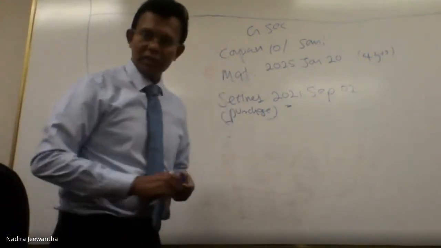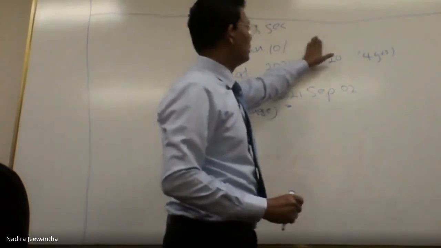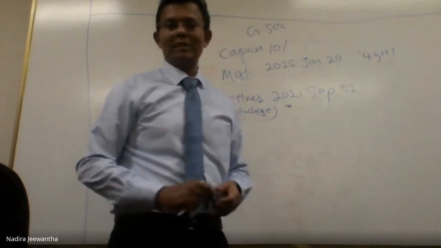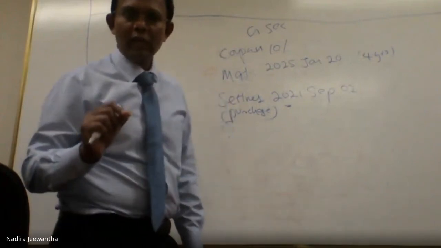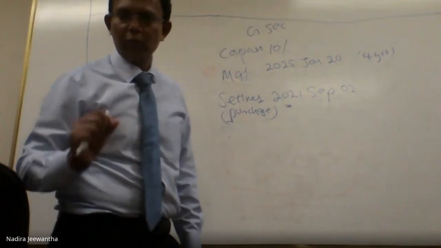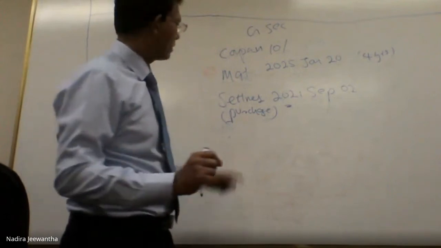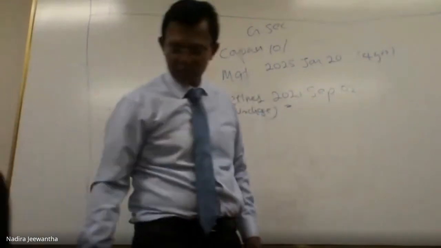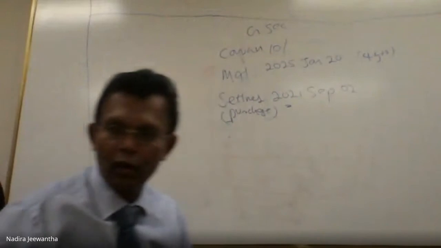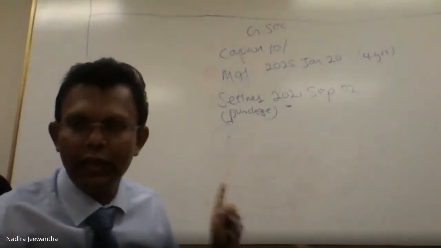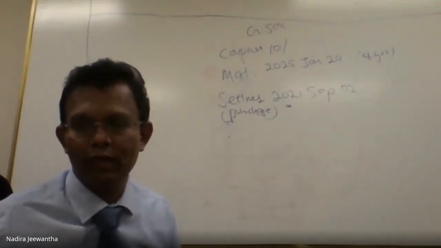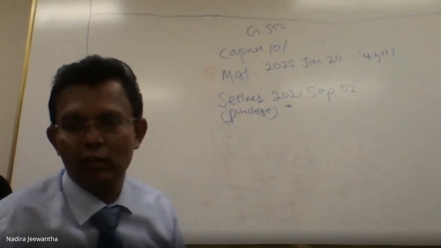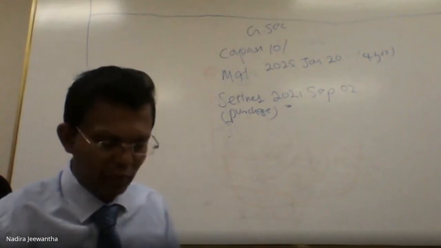Now my question is, even if it is not given as semi-annual, it's understood. When are the two coupon payment dates? The only thing to remember in the exam, a very important thing, is that on the maturity date you are getting one coupon.